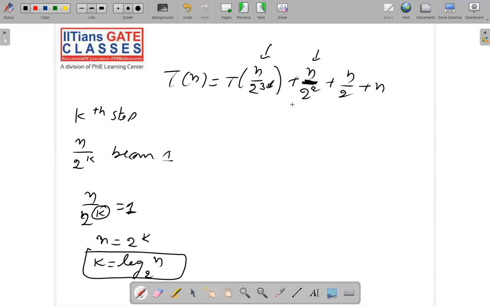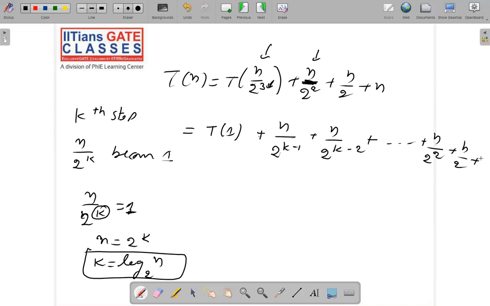Once we repeat this log n times, we will reach this: T1 plus n upon 2 raised to power k minus 1 plus n upon 2 raised to power k minus 2 plus ... n upon 2 raised to power 2 plus n upon 2 plus n. So what is the value of k and what is the value of T?